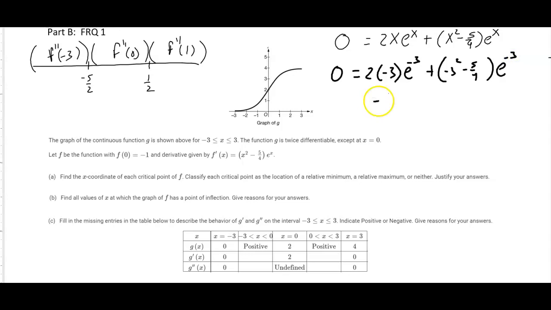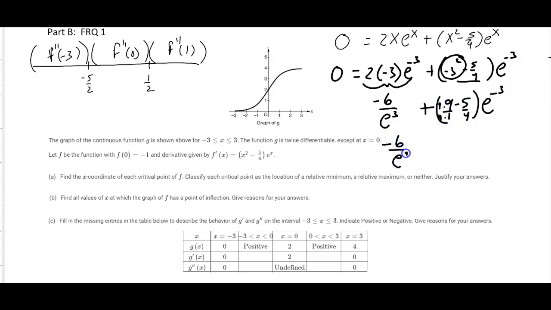Okay, so this is going to be negative 6 over e to the third, this first piece here. This is 9 minus 5/4. Now we need to get a common denominator here. We're going to do our best to see if we can estimate whether this is positive or negative without a calculator. So this will be 36 minus 5, which is 31 over 4.